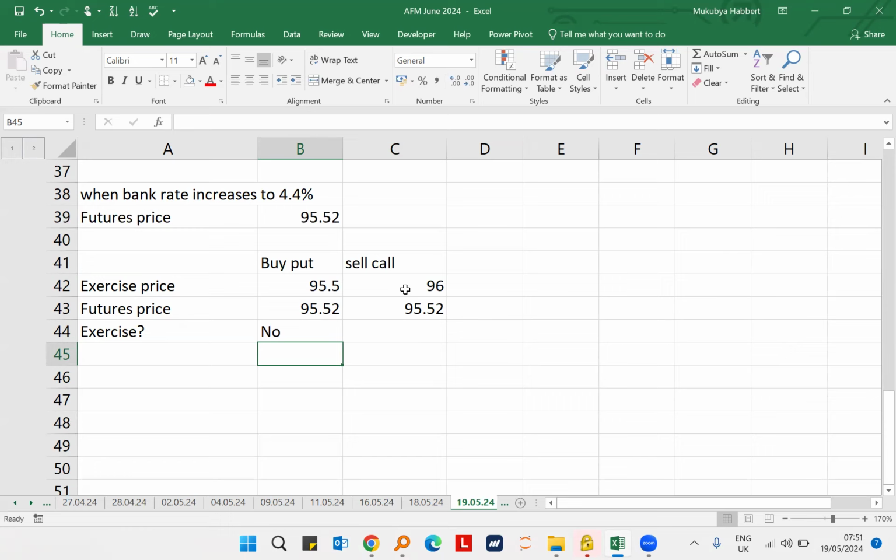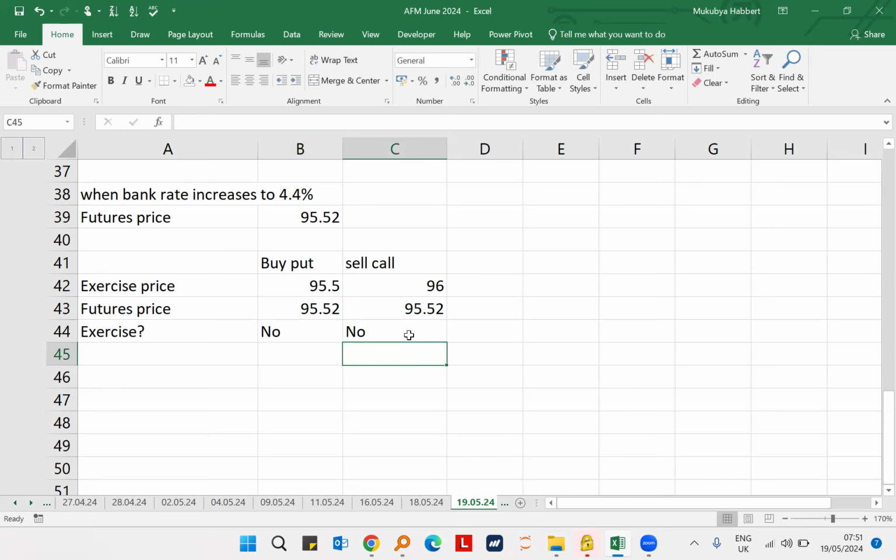What about here? Now, this one is not your decision because you are the one selling these options, right? If somebody can get the option to buy at 96, but the market is buying at 95.52, would they exercise? No. Okay.